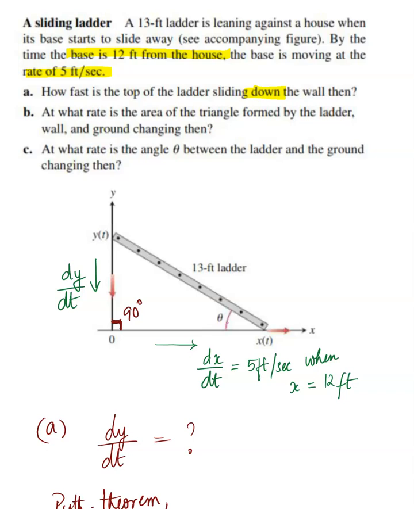Now the angle is between the ladder and the ground. So because of that language, you can think of using the ladder and the ground. So if this is the angle theta, this is the opposite side, this will be the adjacent side, and this will be the hypotenuse.